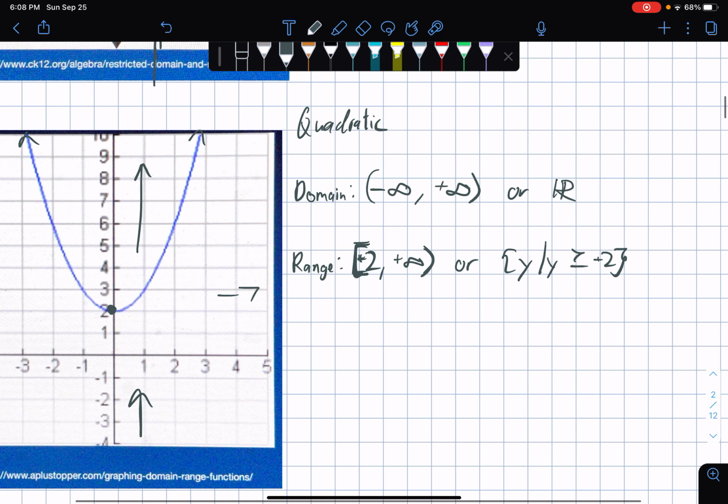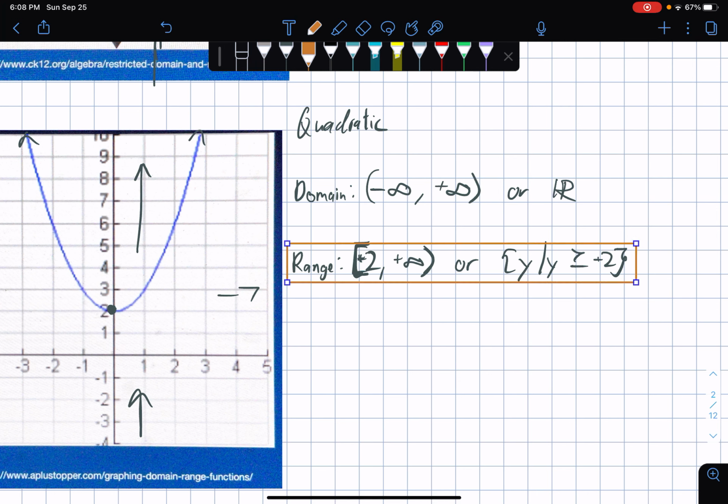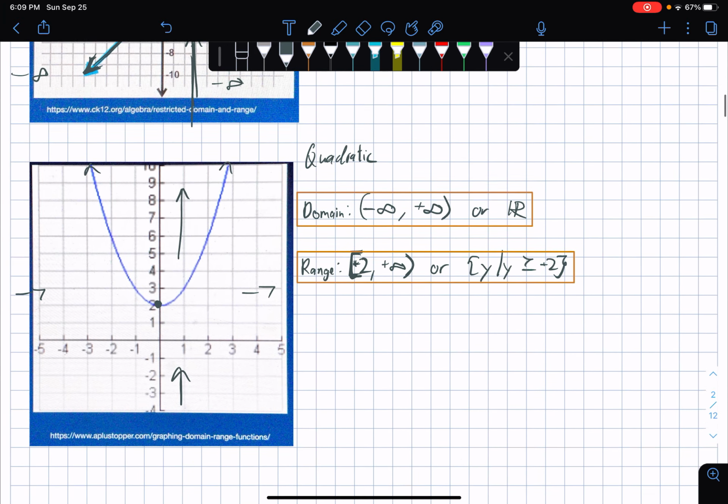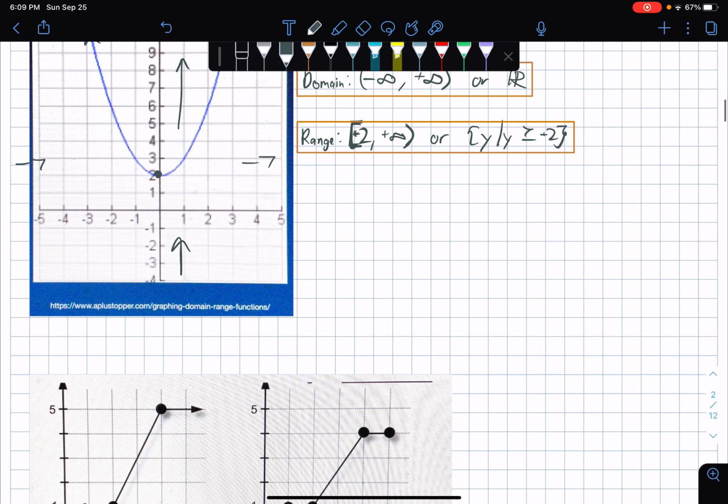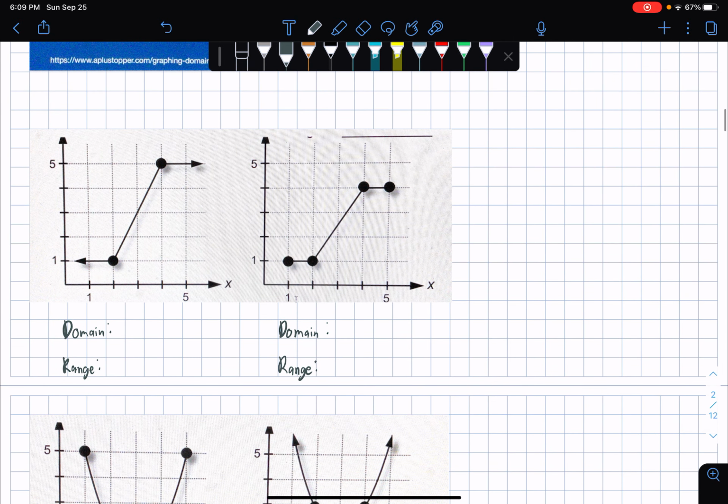So the range will always be equal to or greater than positive 2. I think that's self-explanatory. It just takes a few minutes to understand, and yeah, we'll be able to appreciate the beauty of this kind of mathematics.